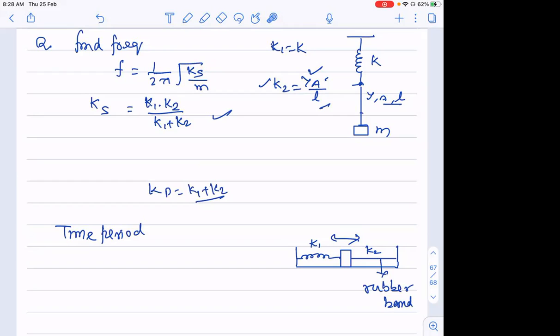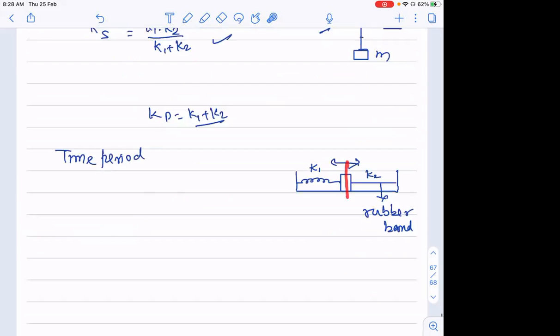What is happening here, when you bring this side, मास को इधर लेके आ रहे हैं, तो both are producing the restoring force, that the spring also and the wire also. But when it comes back to mean position and when it moves this side, what is happening here is, क्या हो रहा है इसमें, देखो क्या होता है इसमें.